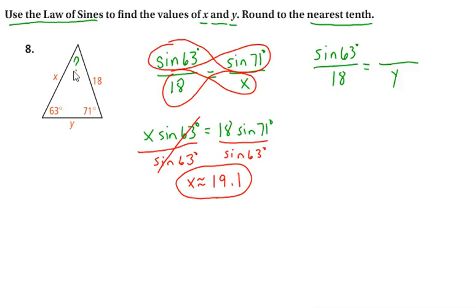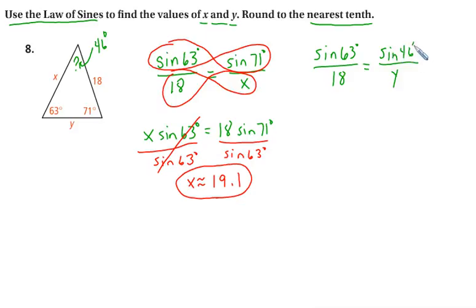Do we know that angle measure? How about the triangle angle sum theorem? The triangle angle sum theorem says 180 minus 63 minus 71 is going to give me 46. So this angle that's opposite from y would be 46 degrees. So this would be sine of 46.